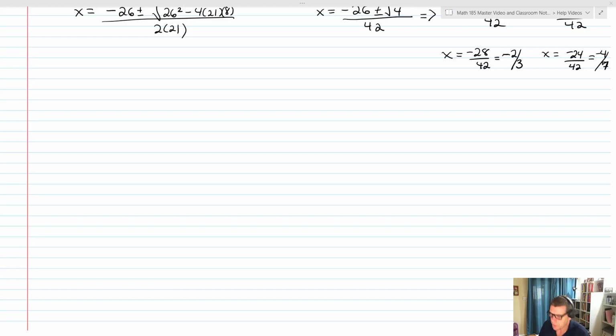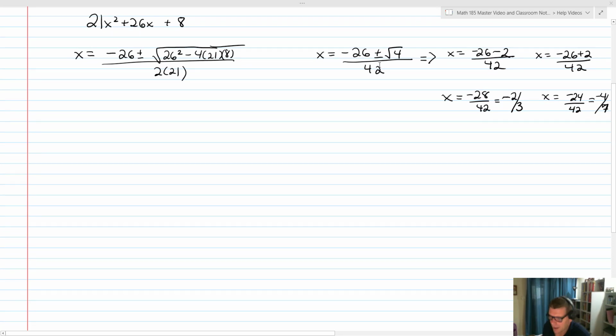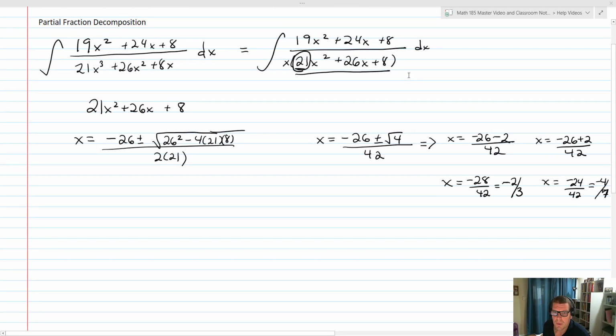So now let's rewrite these roots. What we'll know is that this function, 21x cubed plus 26x squared plus 8x, is then going to equal some a, my a value, times x times x plus 2/3 times x plus 4/7.